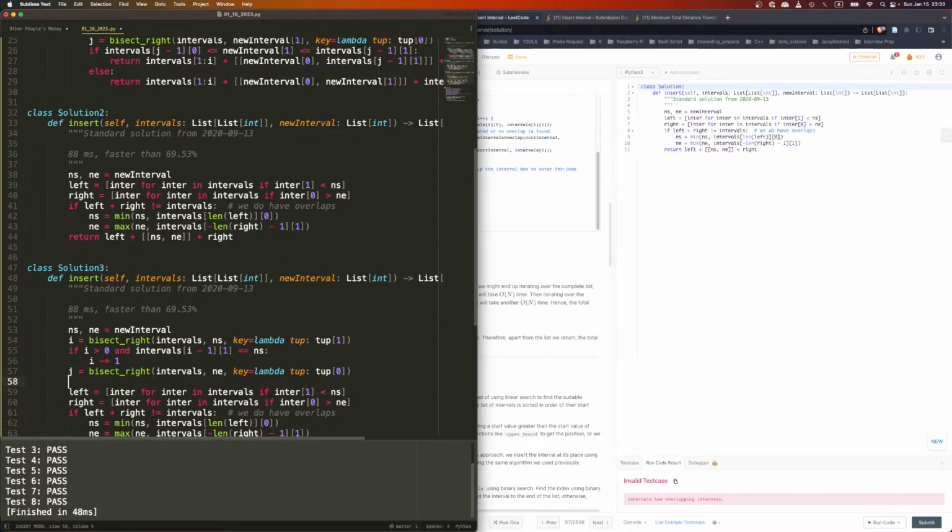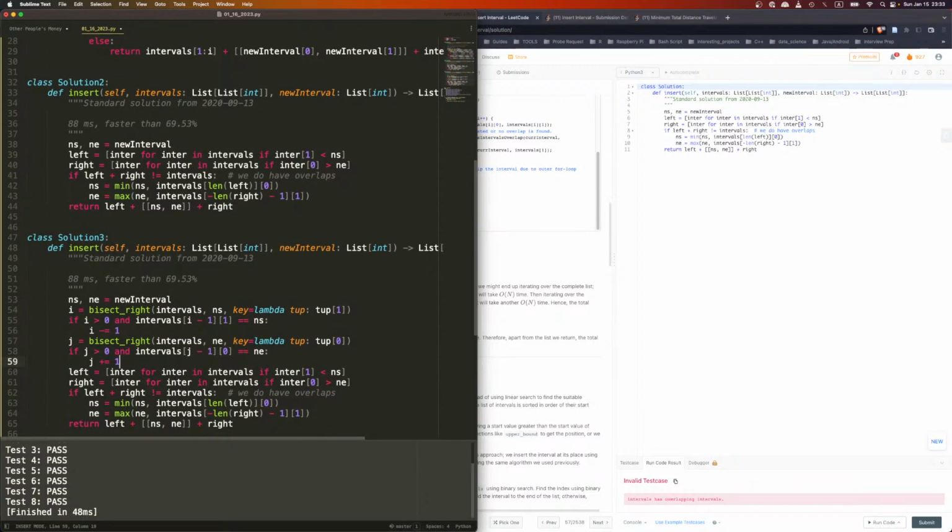And then again, if j is larger than 0 and intervals j minus 1 0, because j is here, we compare this to the end. If they're the same, equals ne, j plus equals 1. So we don't need this.